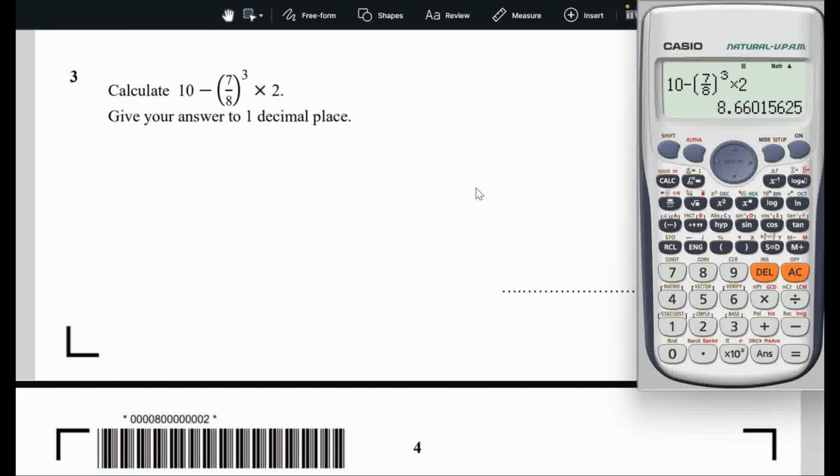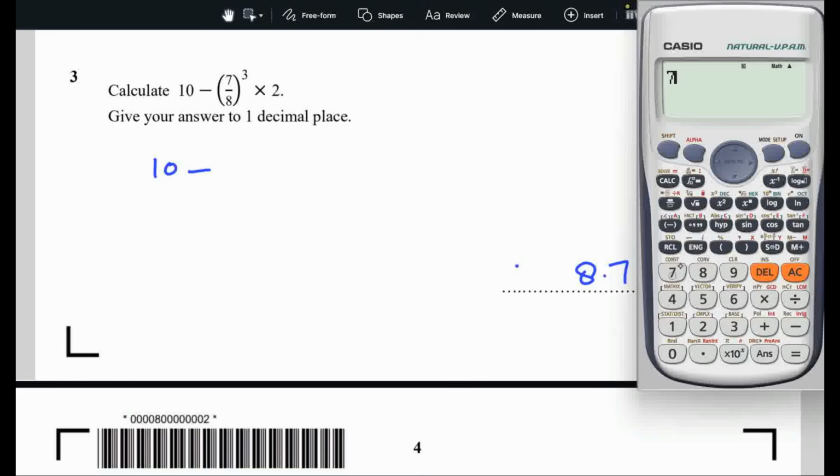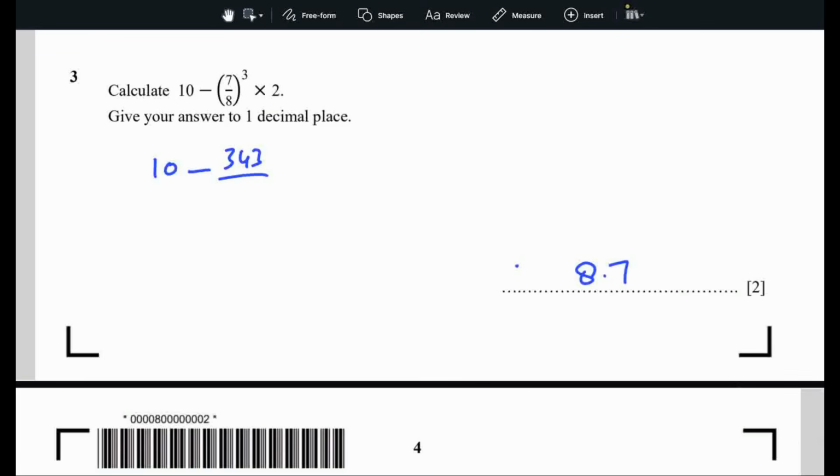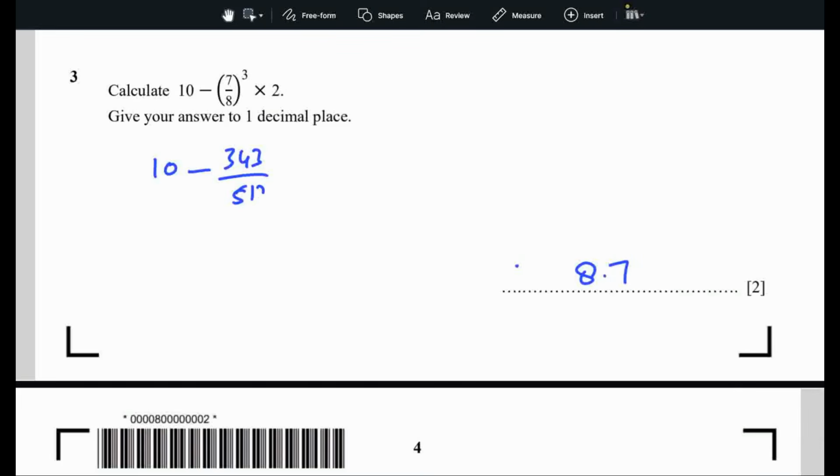Correct to one decimal place, this will be equal to 8.7. For the sake of working, you can write it over here: 7 cube will be equal to 343 divided by 8 cube. So 8 cube will be equal to 512, multiplied by 2. So this will be the final answer.